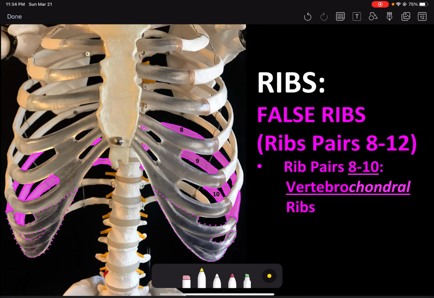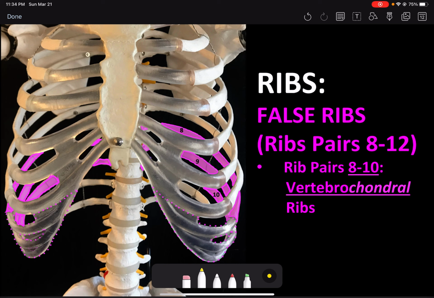Now, this is where it gets a little bit complex. Rib pairs 8 through 10, all right, have costal cartilages as well, but these costal cartilages fuse together and then insert into the costal cartilage of rib pair number 7, all right?